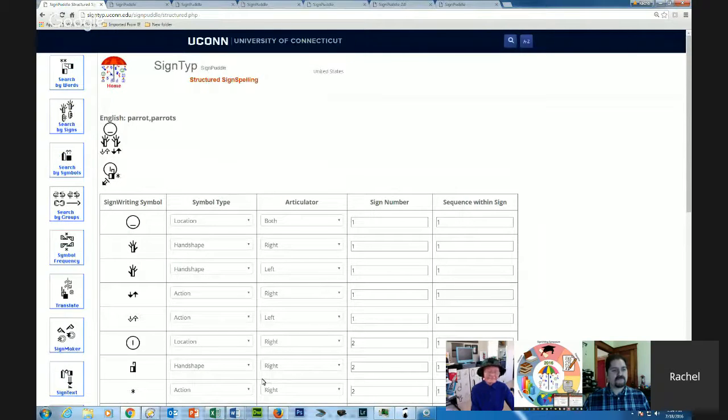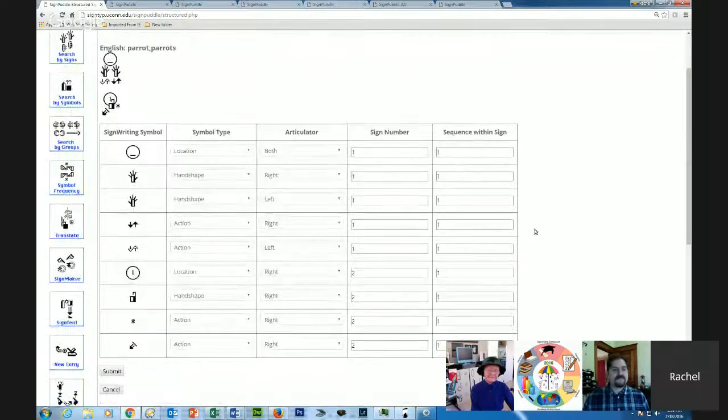And here it is. Okay, so what we see here is that there are two time periods. The column that starts is sign number. You can see there's 1, 2, 3, 4, 5 items that are labeled 1, and then 4 that are labeled 2. That's time 2 and time 1. Then you see there's a symbol for location.